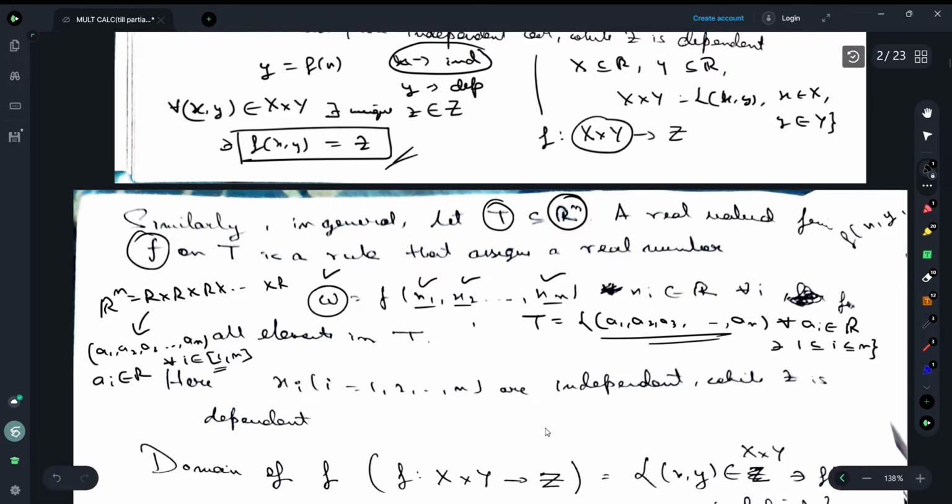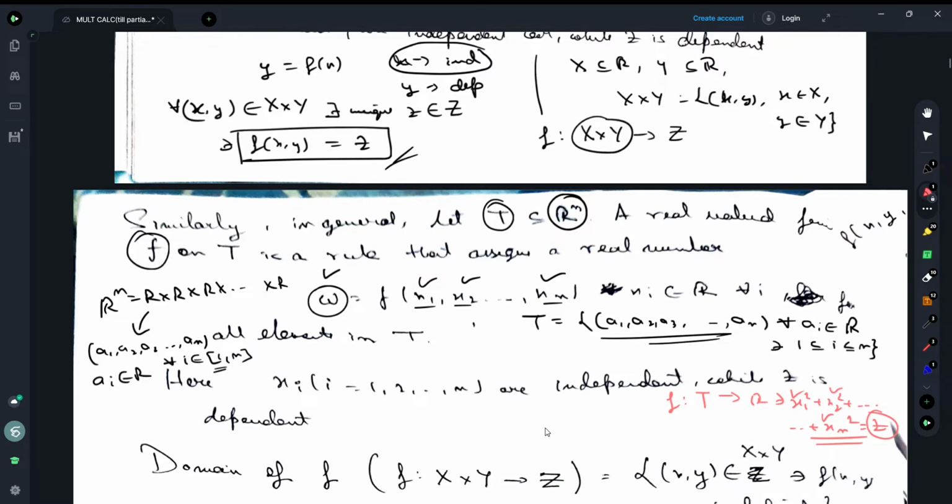Let's say for example, you take f from T to R such that x1 square plus x2 square and so on till xn square equals z. So this gives you a multivariable function, an n variable function. Here you have n independent variables which all together are getting mapped to z. This is the basic.